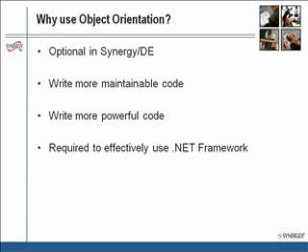The first is that writing with OO techniques usually results in more maintainable code. Now, everyone can write maintainable code in other non-OO languages. However, one of the features of OO is to keep the data together with its related routines that work on that data. So, if you have to change the data, this makes it easier to find and change the routines that work on that particular piece of data.